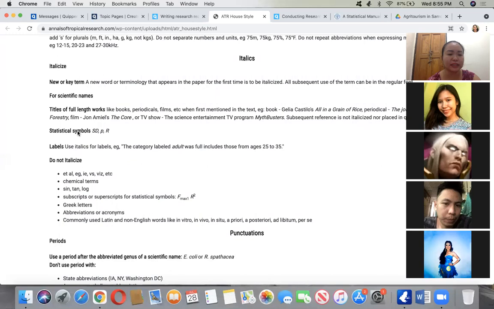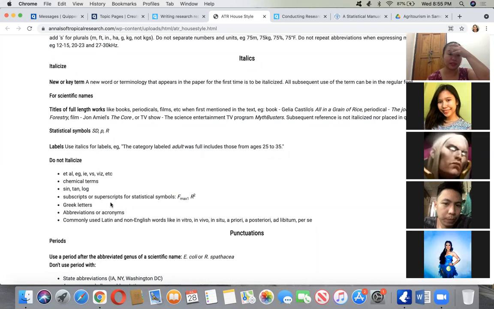And for statistical symbols, you can use SD, or P for P value, or R. And then you don't need to italicize etc., et al., vs., and so on.